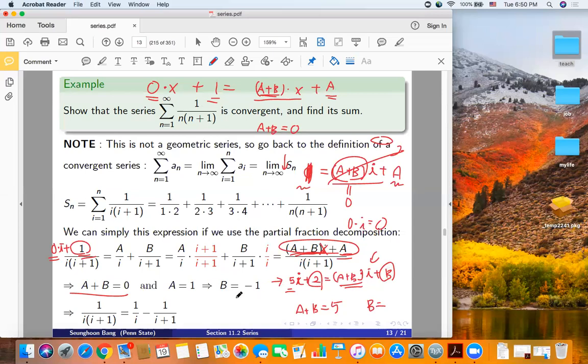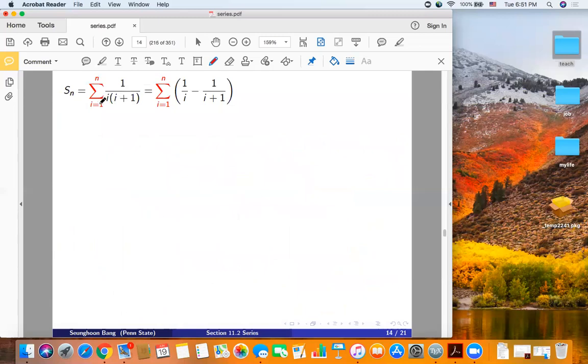Okay, the next one. Here, you can plug A equal to 1 and B equals -1 into here. So we have it like this. Now take a summation. We have the partial sum. You plug 1 into I: 1 minus 1 over 2. You plug 2: 1 over 2 minus 1 over 3. Plug 3 into I: 1 over 3 minus 1 over 4, and so on.